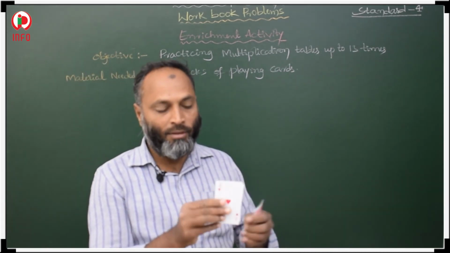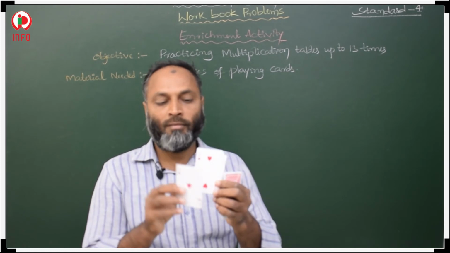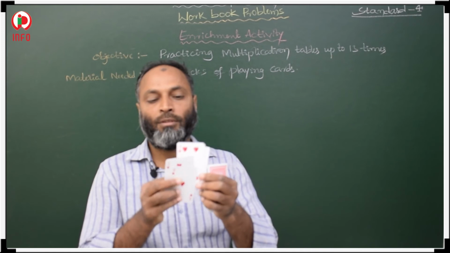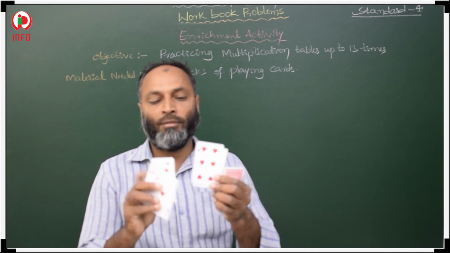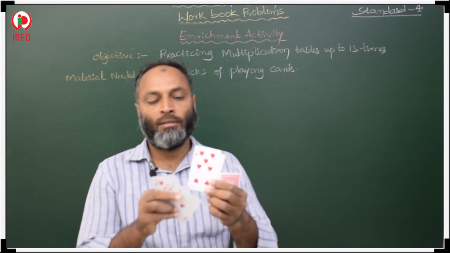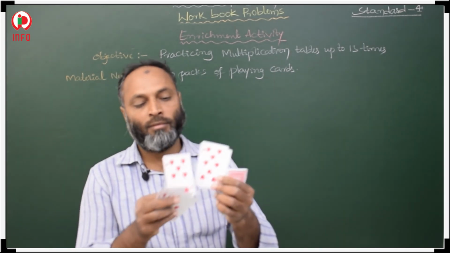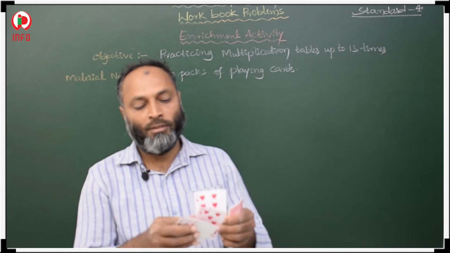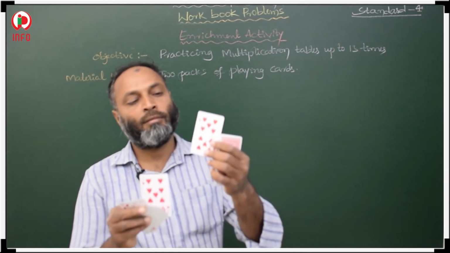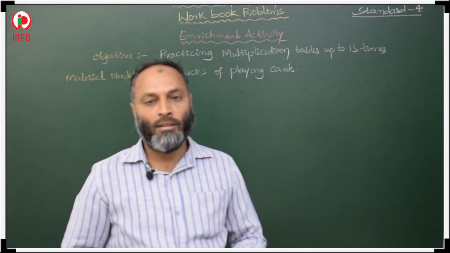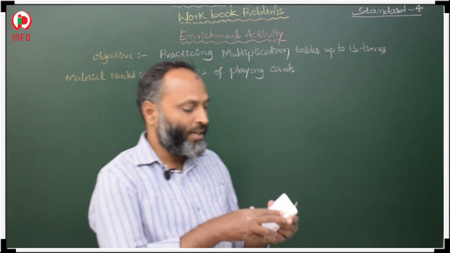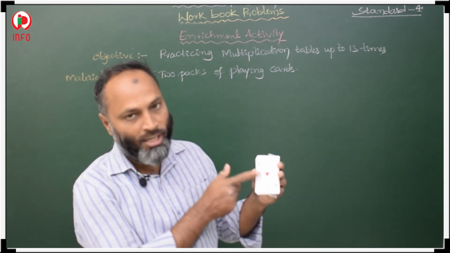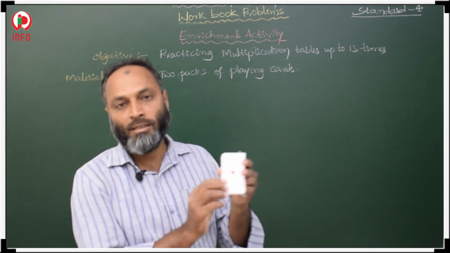Then 2, 3, 4, 5, 6, this is 7, then 8, then 9 and 10, till 10. All the numbers were written on these cards. This Ace card has no number, so we assume that this is 1.